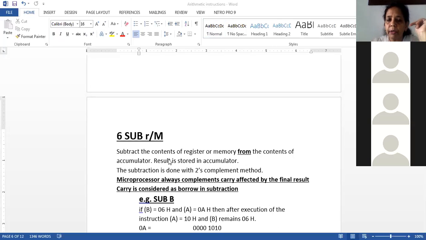Do you all remember the 2's complement method of subtraction? How to do the subtraction with the 2's complement method? Do you remember it? Or should I tell that?